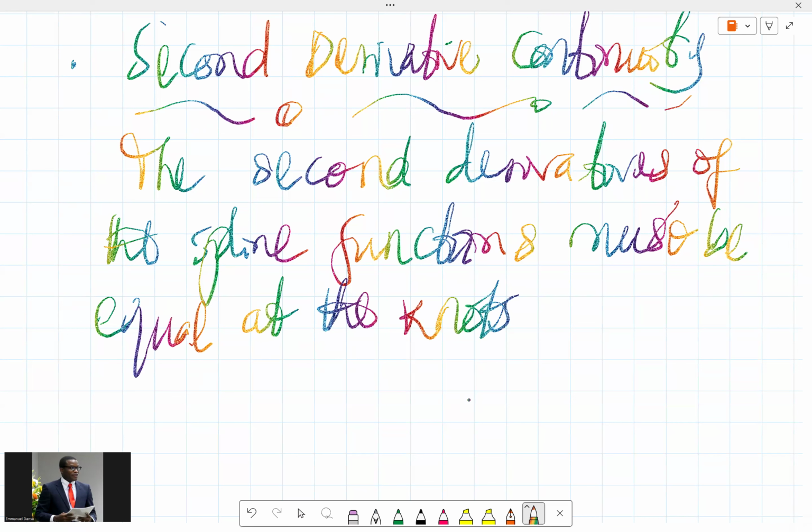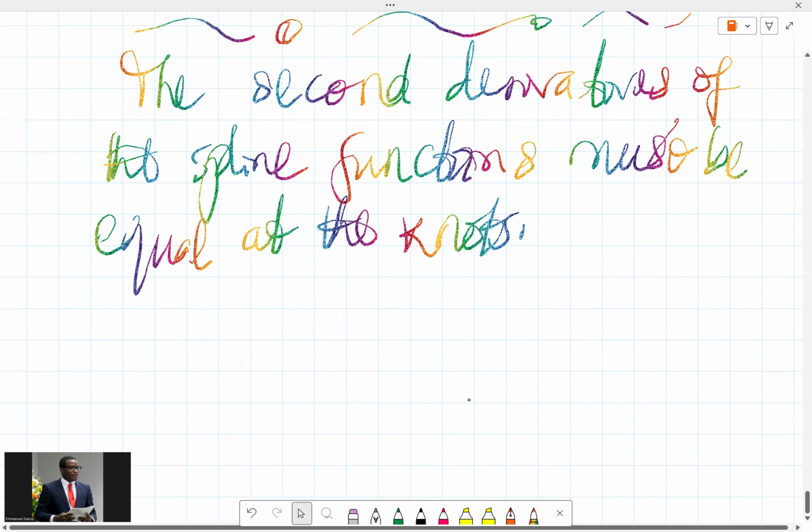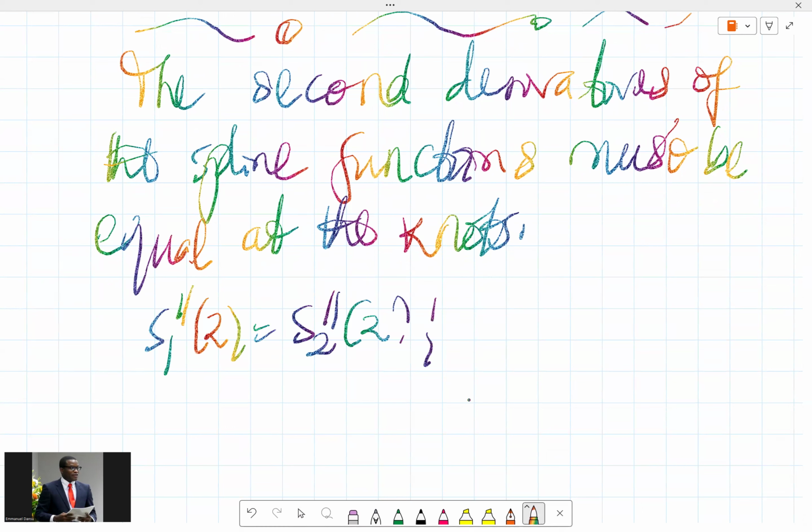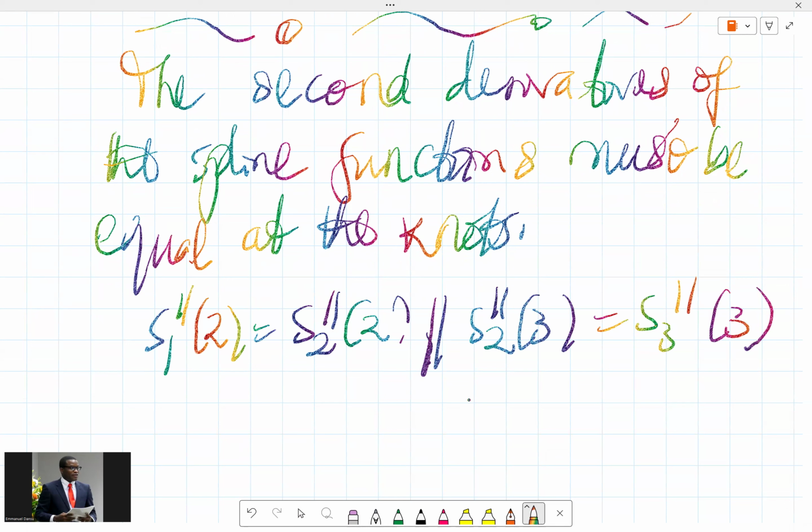So what that simply means is that S1 prime prime of 2 is equal to S2 prime prime of 2. And again, S2 prime prime of 3 is equal to S3 prime prime of 3. So the second derivatives of the spline functions must be equal at the knots.